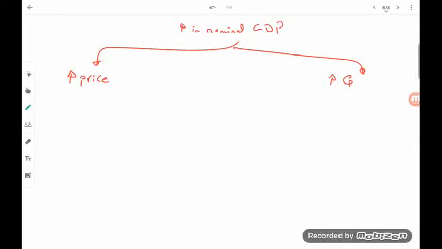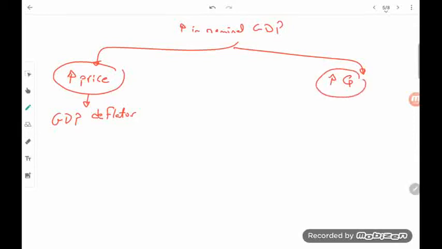So from this we can add two more concepts: GDP deflator and economic growth rate, or GDP growth rate. GDP deflator will be an indicator of the increase in the price level, or an indicator of inflation in the economy. So change in prices can be measured by GDP deflator, while the change in quantity can be reflected by GDP growth rate.